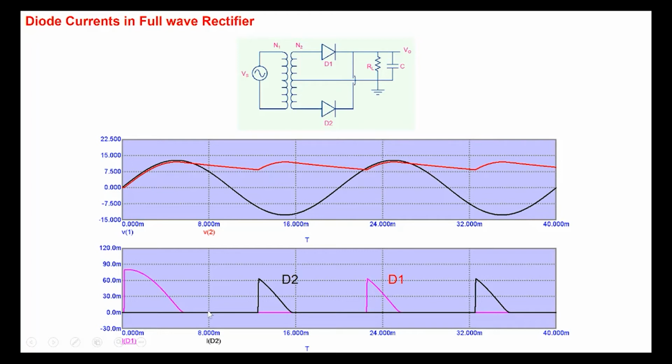Then in the negative cycle, D2 turns on, so the D2 current is here, and in the positive cycle, D1 is there. Alternately, D1 and D2 diode currents charge up the capacitor and replenish the charge that the capacitor loses through discharge through RL.